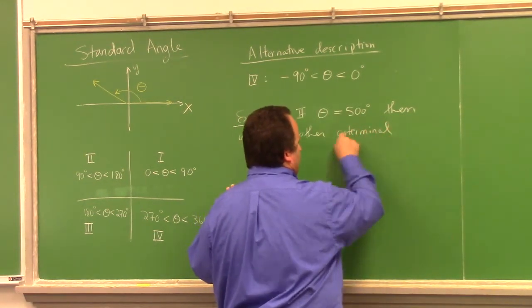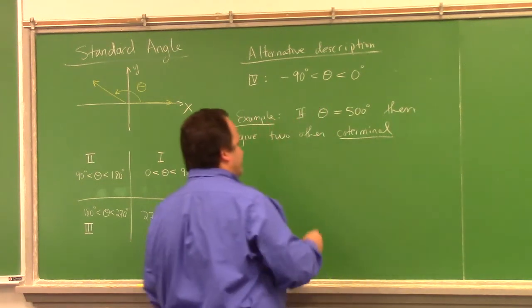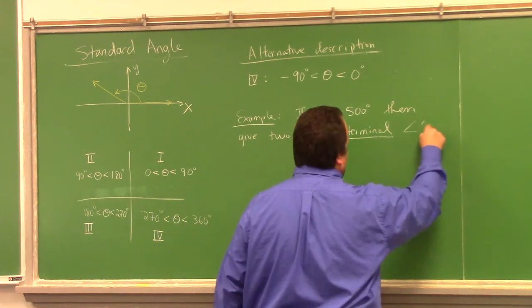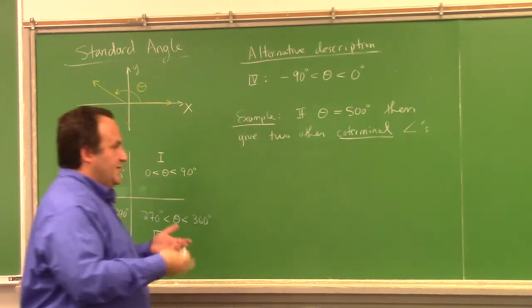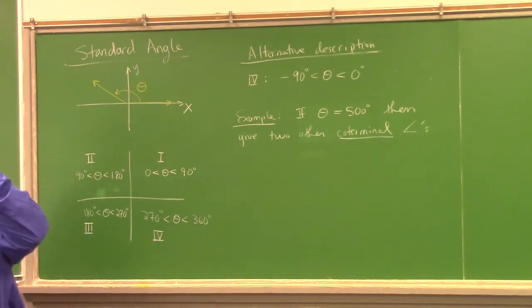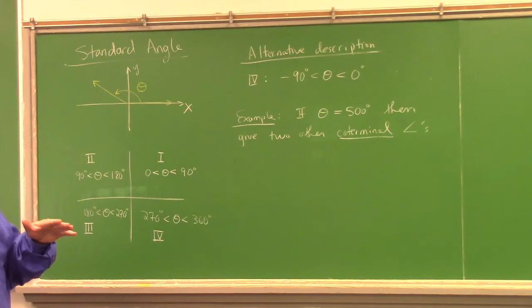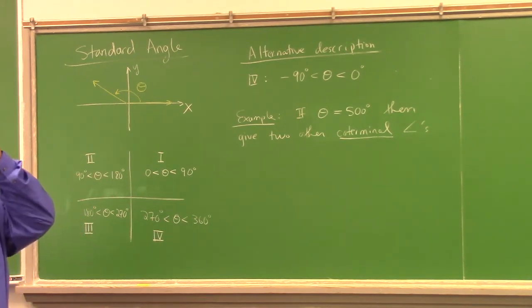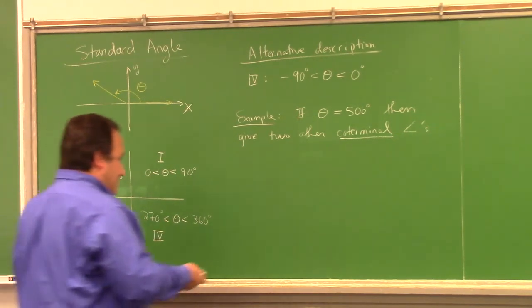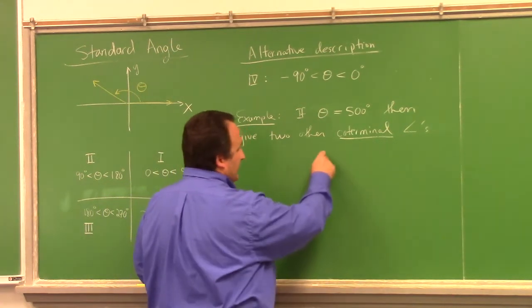So coterminal angles, they're angles that give you rays that are pointing in the same direction. Let's see here. So like 500 degrees, where is that?